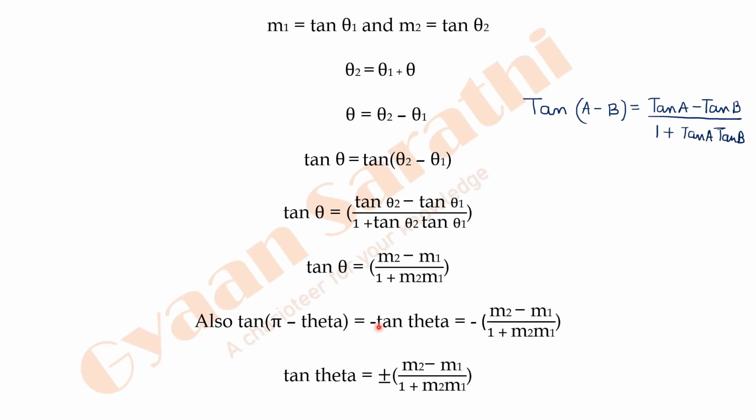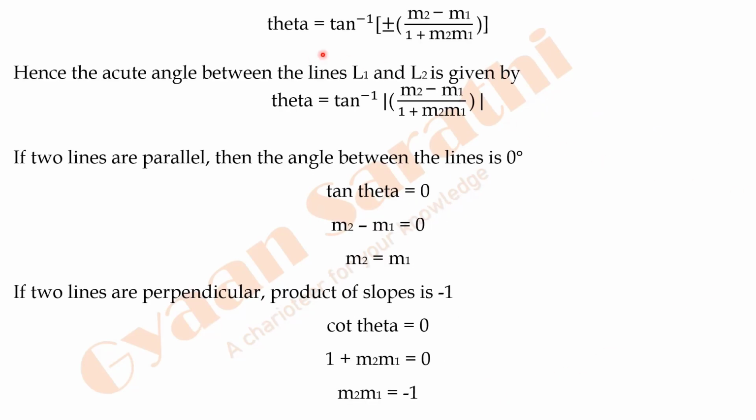Okay. Now the other angle, that is the obtuse angle made between the two lines, was pi minus theta. So tan of pi minus theta is minus tan theta, that would be minus of m2 minus m1 upon 1 plus m2 m1. So tan theta is equal to plus minus m2 minus m1 upon 1 plus m1 m2. Okay, so theta would be tan inverse of plus minus m2 minus m1 upon 1 plus m1 m2.